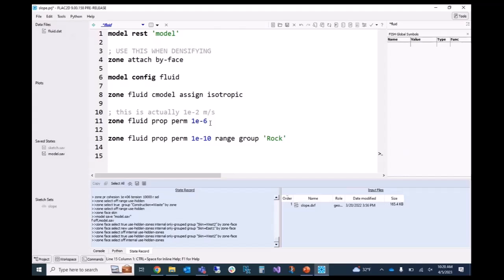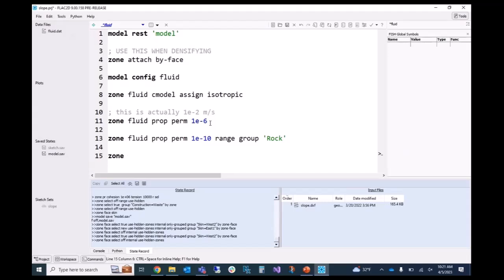I'm not a landfill guy, but I'm guessing there's some kind of geotextile or layer that is relatively impermeable so that all this waste doesn't go down into the groundwater, right? We didn't actually draw a layer in here. You could theoretically draw a super thin layer in here and actually model it. We didn't do that. So all we're going to do is take a row of zones at the bottom of the waste here and give it a low permeability.